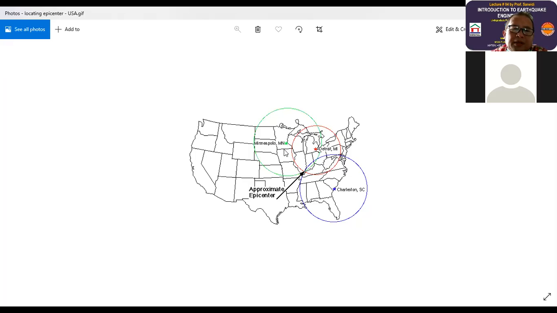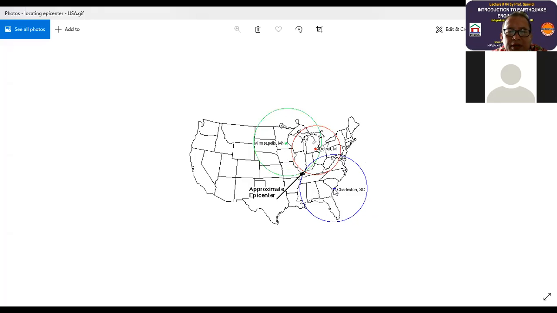For example, we got about 300 kilometers from here, so we draw a circle here, where the distance is about r. Here it is about 300 kilometers. And then from Charleston, for example, it is about 250 kilometers, just making a circle like this.